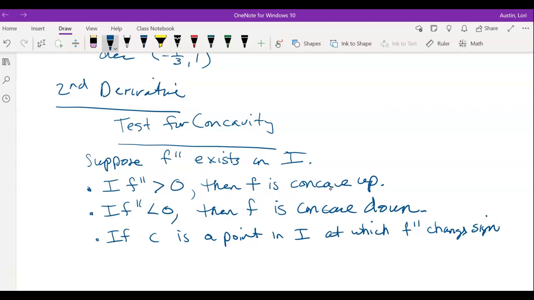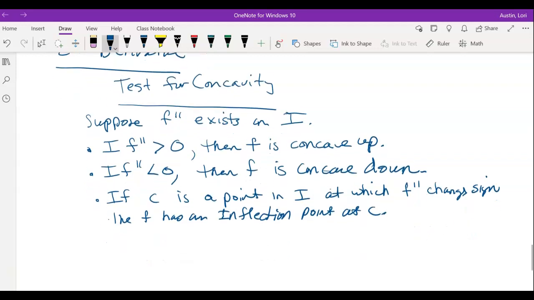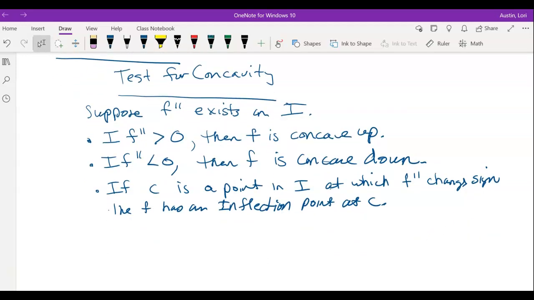Then F has an inflection point at C. So what I'm going to do is I'm going to take that same problem we did, but now I want to do the second derivative test on it, and I'm going to put these two derivative tests together.